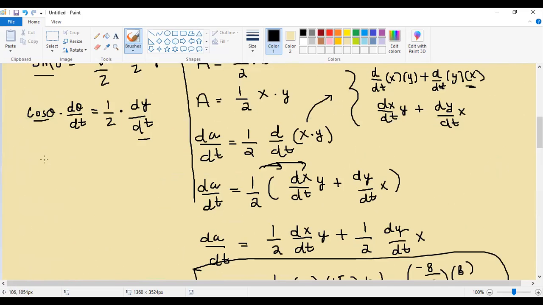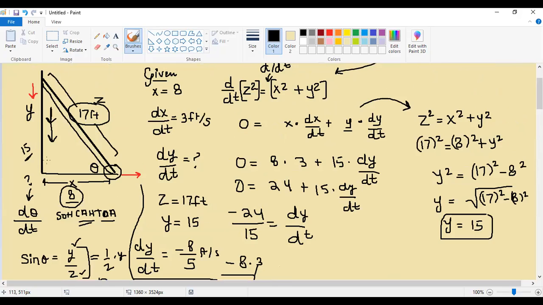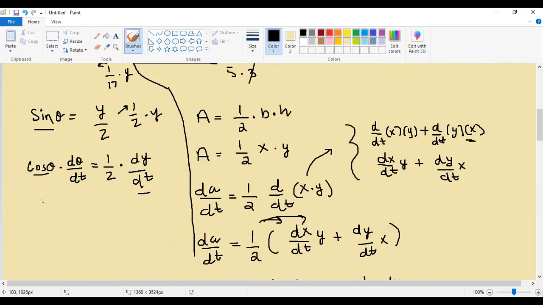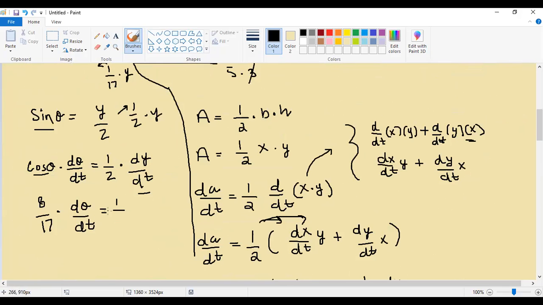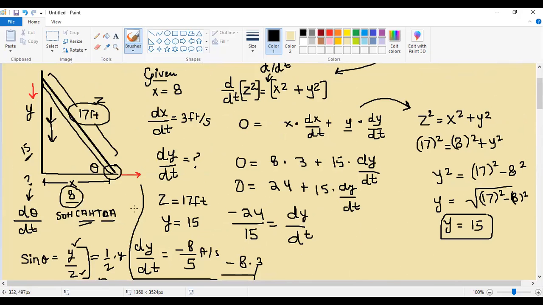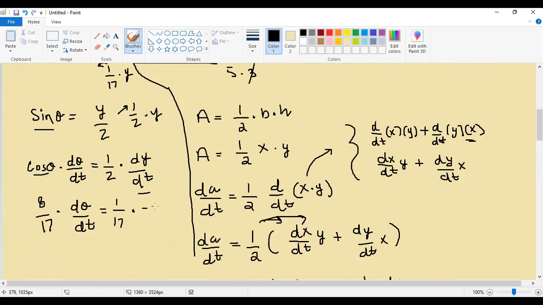So cosine theta is actually going to be 8 over 17, multiplied by d theta over dt. And of course, 1 over z is akin to saying 1 over 17, since z is a constant. So we can actually use that in our derivative. And dy over dt is essentially, as we said before, negative 8 over 5.